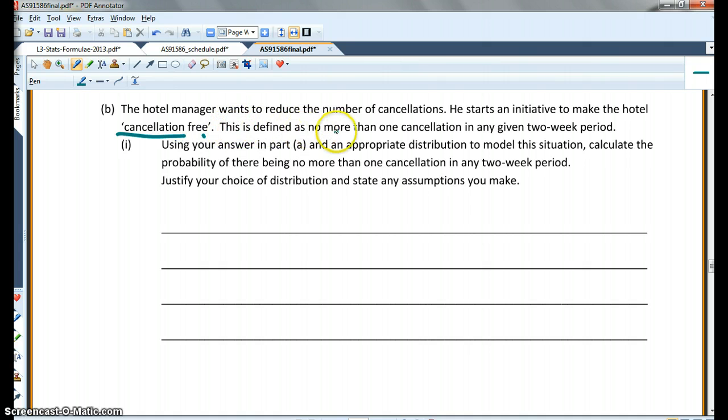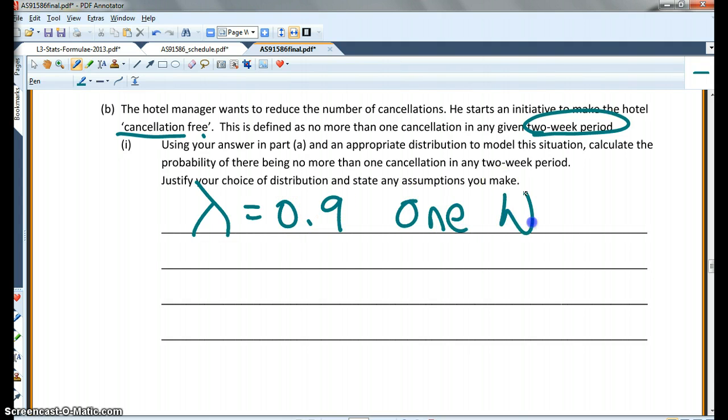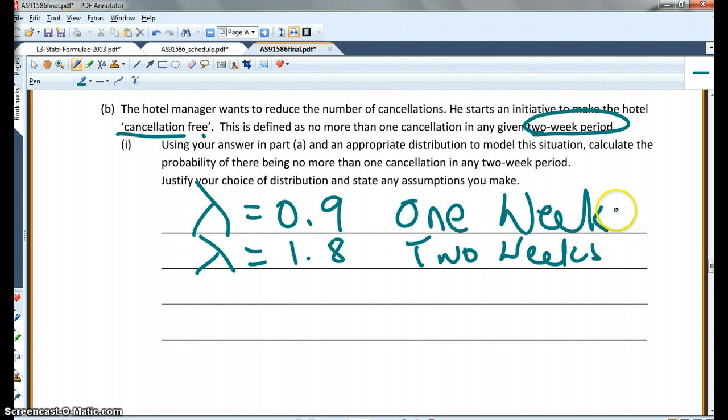This is defined as no more than 1 cancellation in any 2 week period. So if lambda equals 0.9 for 1 week, then lambda equals 1.8 for 2 weeks. So I've already decided that it's Poisson. However, I've got to explain to you why.